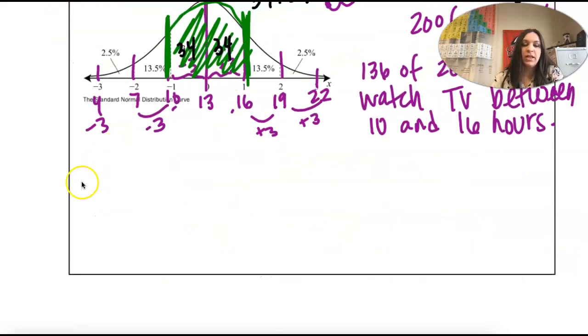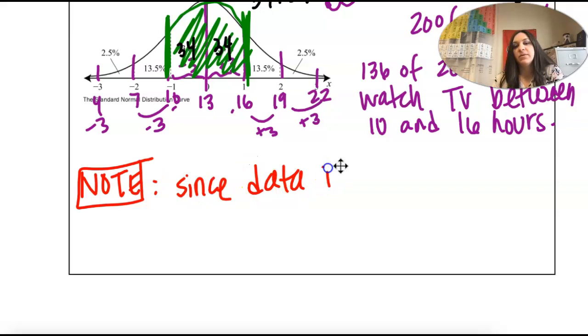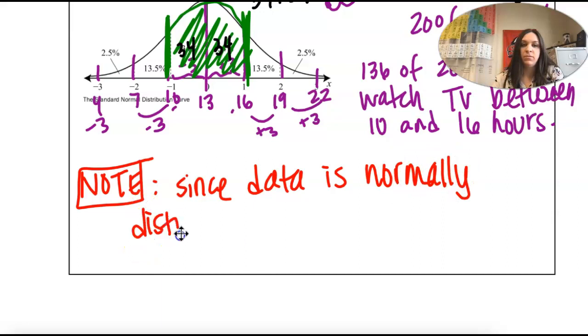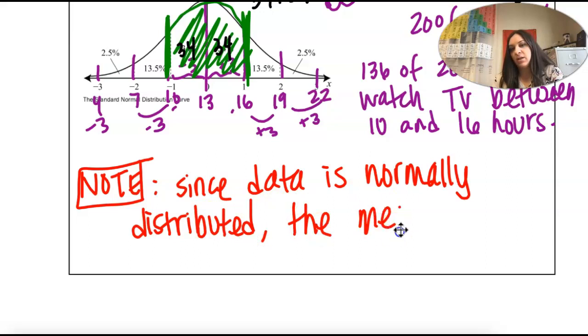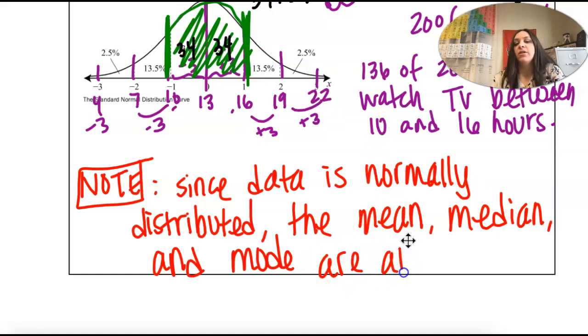Okay, one more thing I need to add on here is like a big note. Since data is normally distributed, the mean, the median, and mode, remember those are three measures of center, mean, median, mode, are all equal.